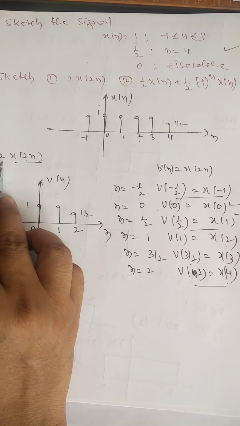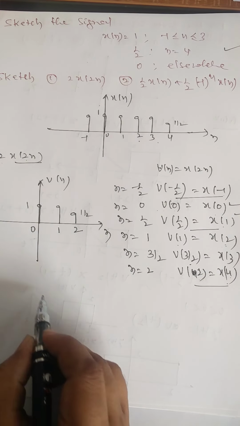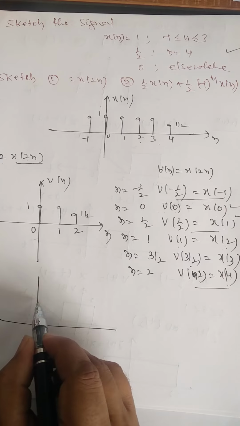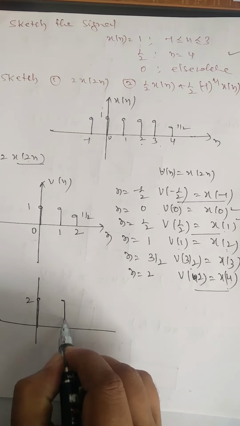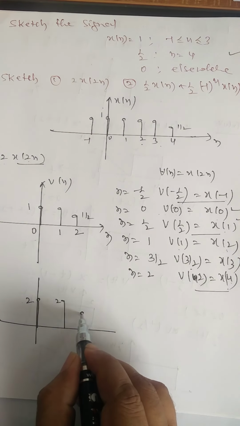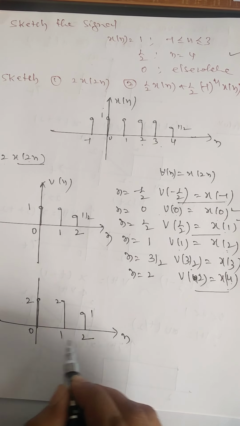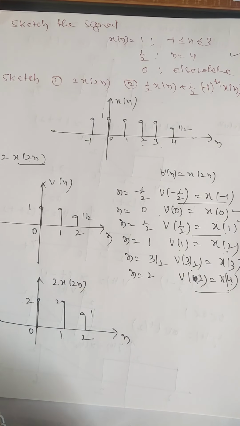Next, I should go for amplitude scaling. I multiply this whole signal by 2: the amplitude 1 becomes 2, this is also 2, and 1 by 2 into 2 becomes 1, at 0, 1, 2. This gives 2 into x of 2n.